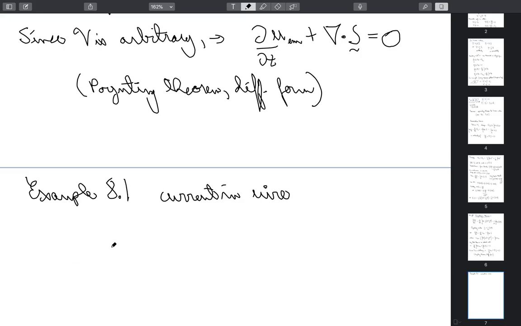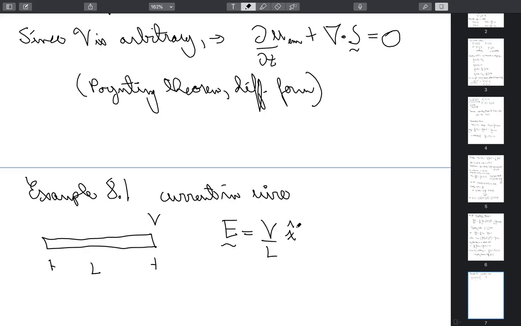So you would have a certain wire, and there's a current flowing in the x direction like this. There's a length L here. There's a voltage difference V between the two ends. So the electric field is V divided by L in the x direction.